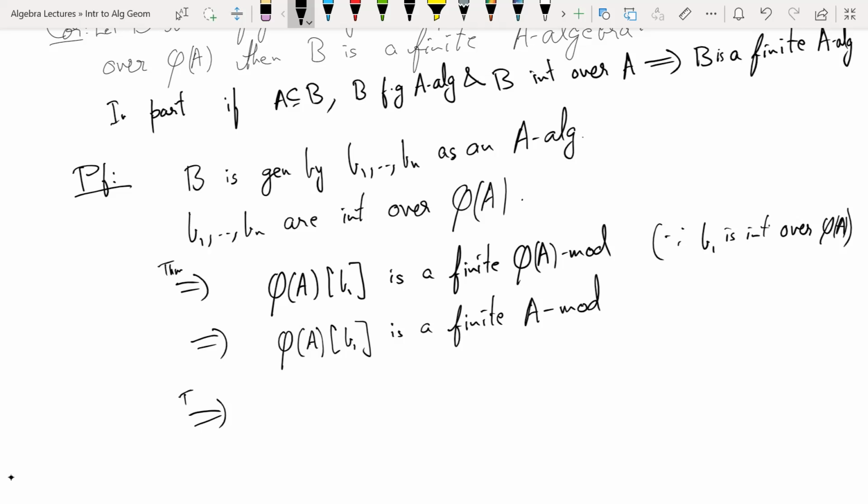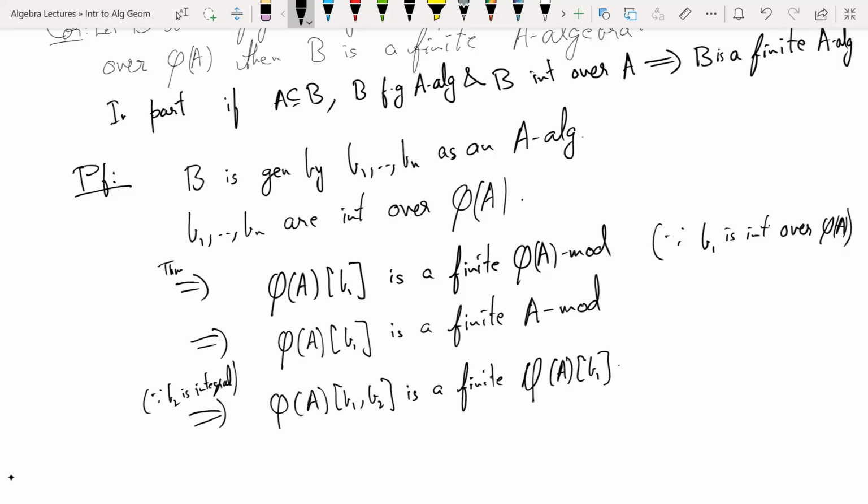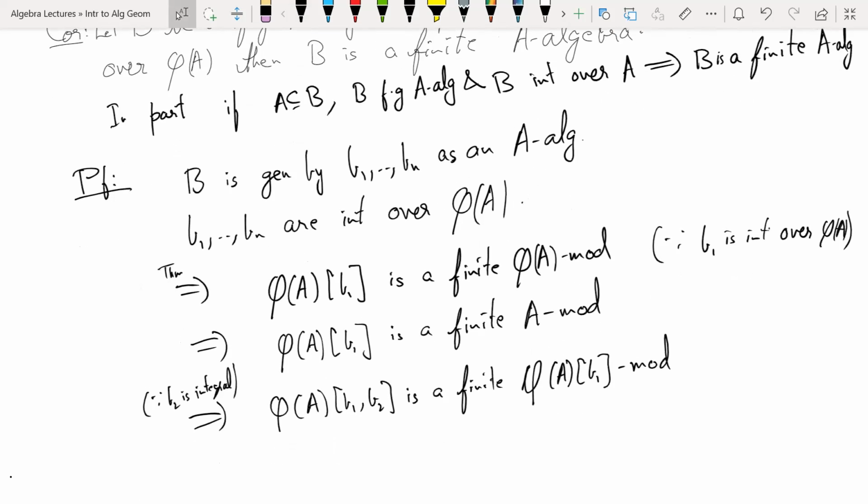So since b2 is integral over phi(A)[b1], this subring phi(A)[b1,b2] is a finite phi(A)[b1]-module, and by the transitivity relation which we talked about, this implies phi(A)[b1,b2] is a finite phi(A)-module.